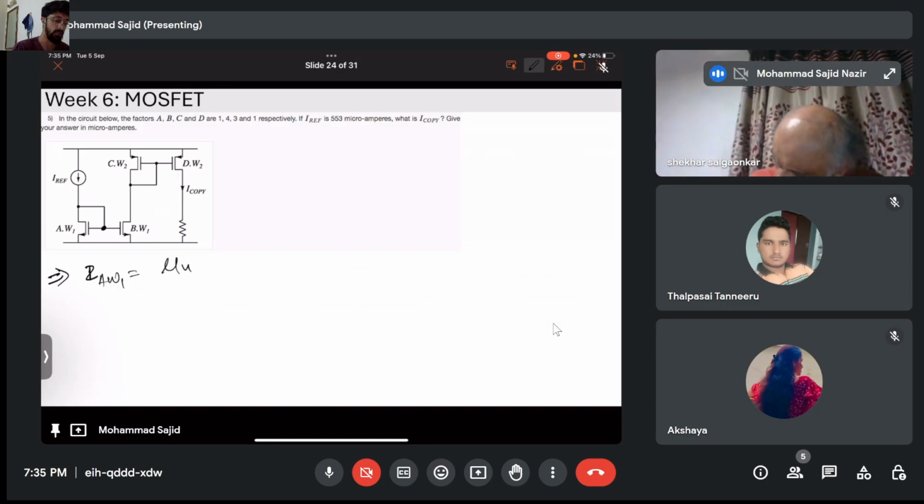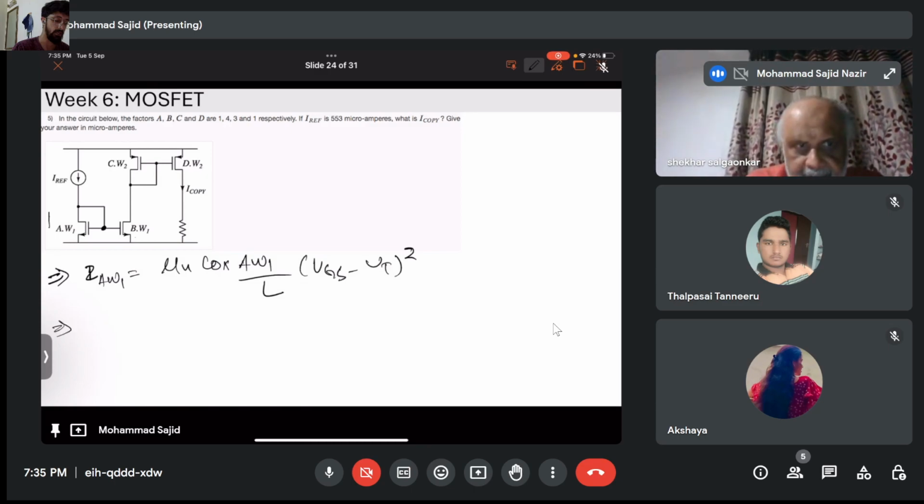It will be mu n Cox by 2, W1 by L, VGS minus VT whole square. Okay, now this same VG will get applied to the transistor with W2. So let me call it I1, let me call it I2. So my I2 will be, let me call it I1.